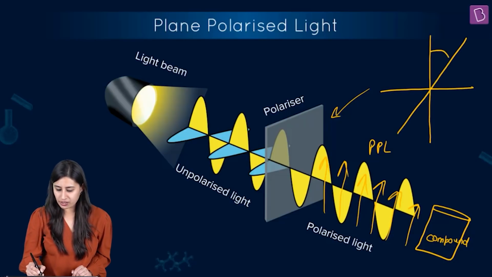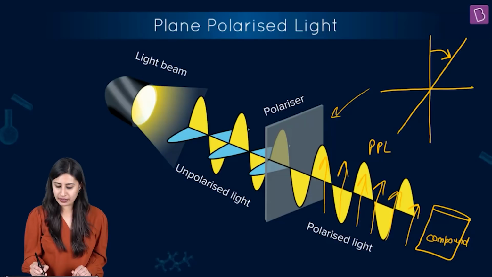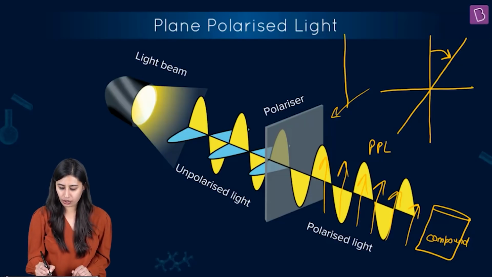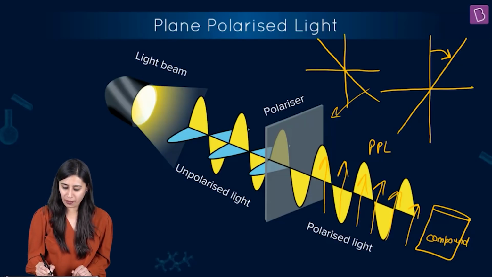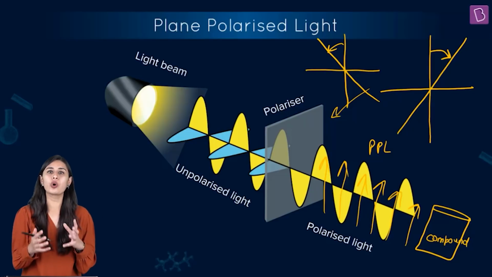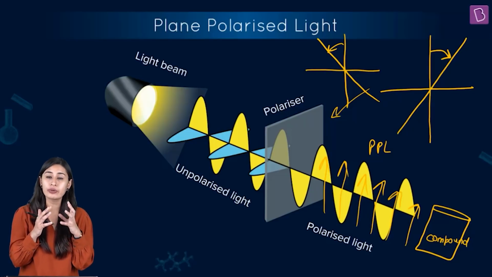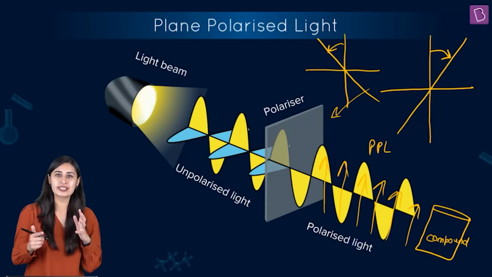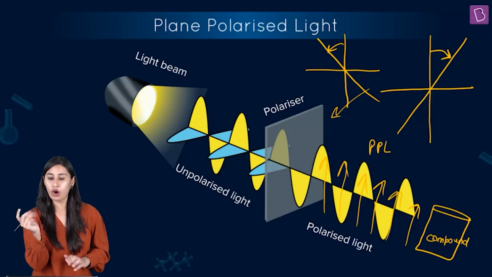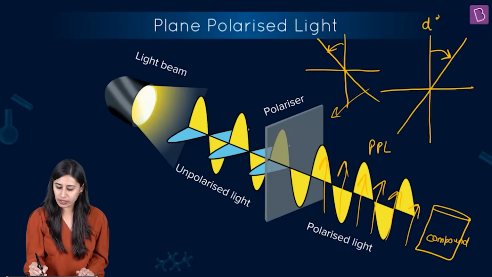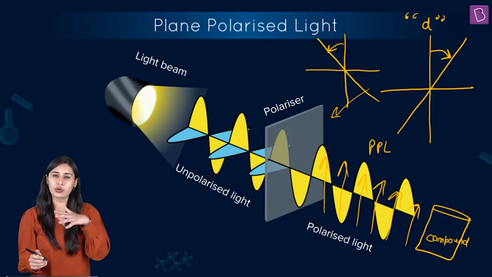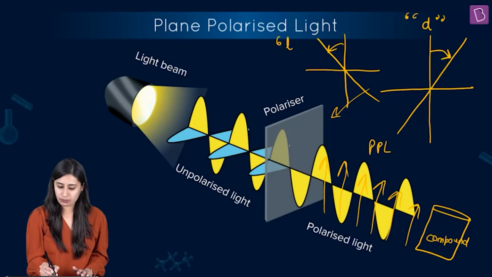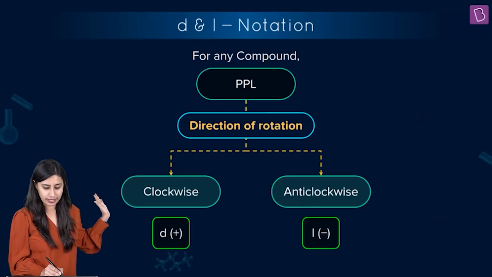One is maybe clockwise and one is maybe anti-clockwise, right? So depending on the rotation, we call a particular compound small d or small l. If the plane polarized light has been rotated clockwise, we use small d, and if it is rotated anti-clockwise, we use small l. Now read it out.